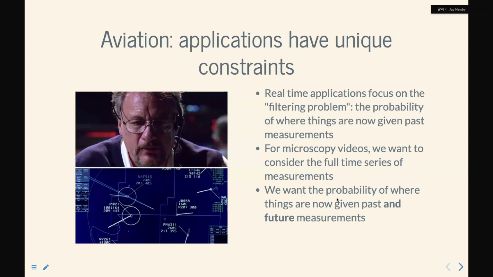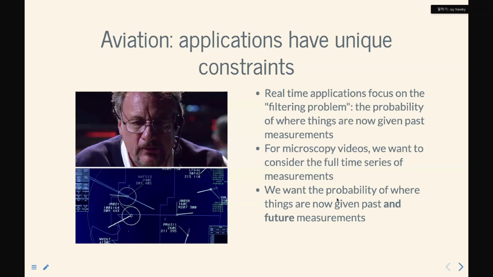In that application, you only care about what's happening right now, and what information you have about what's happened in the past. So this is like a filtering problem. You're trying to get the distribution for where the missiles are right now based on where things were in the past.